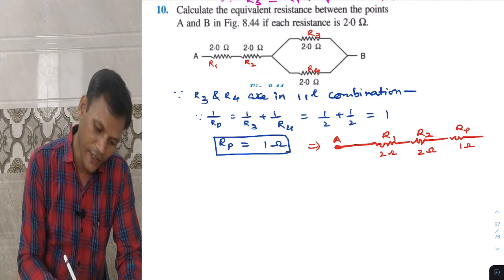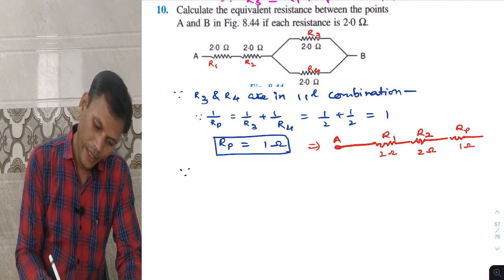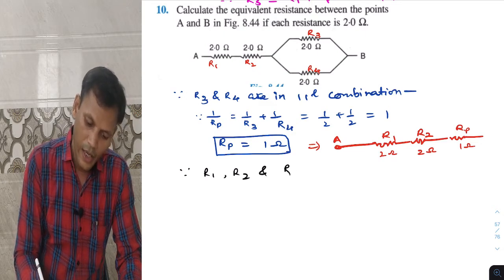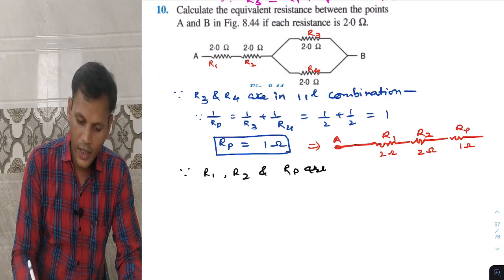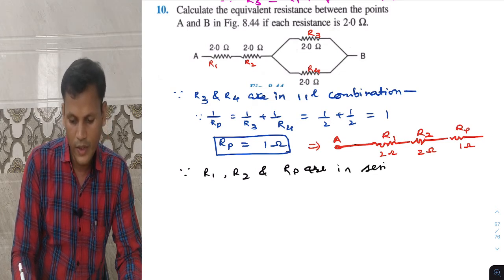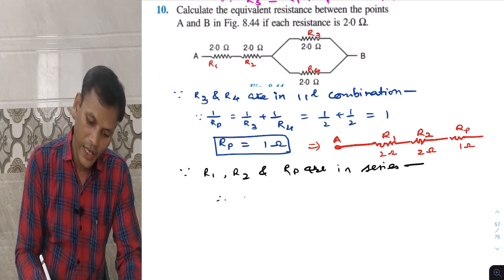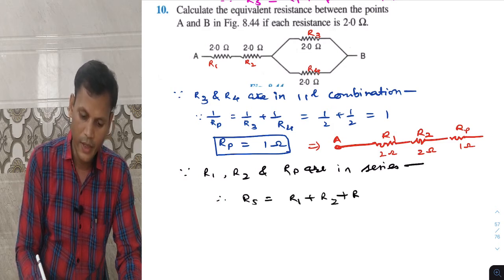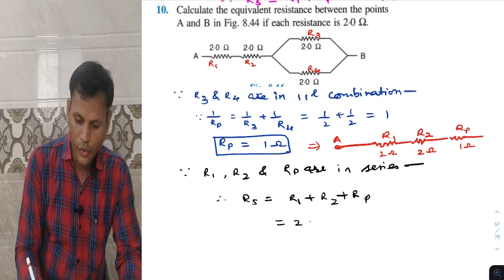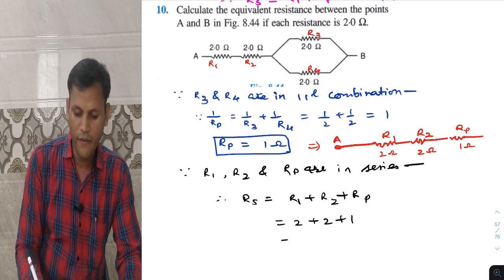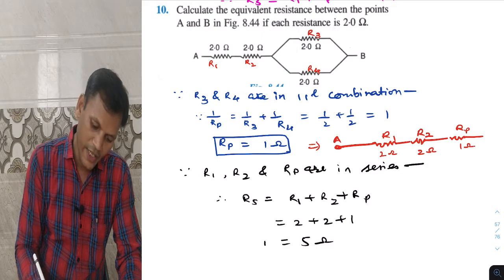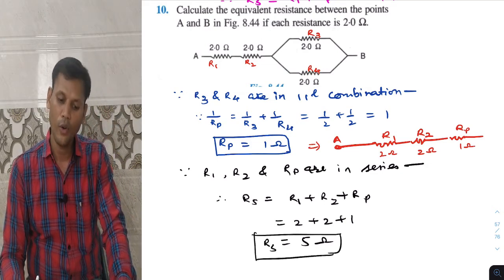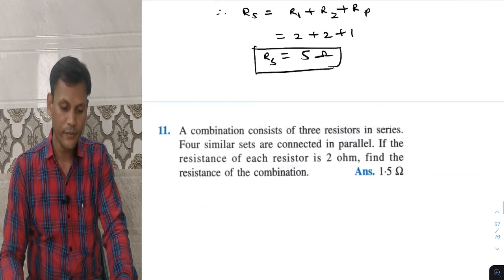Since R1, R2 and Rp are in series now, Rs will be R1 plus R2 plus Rp. So it is 2 plus 2 plus 1, that will be 5 ohm. So the net resistance of this circuit is 5 ohm. That is the final answer.